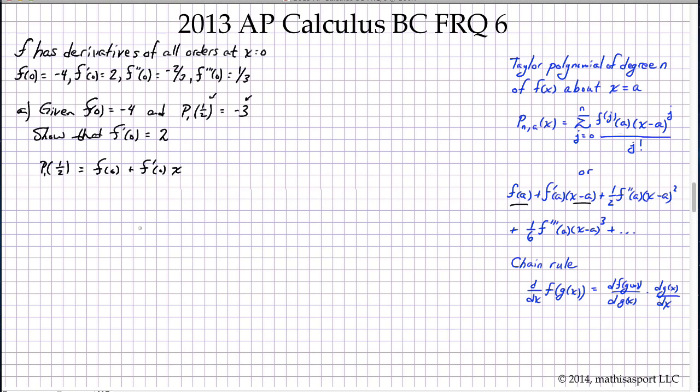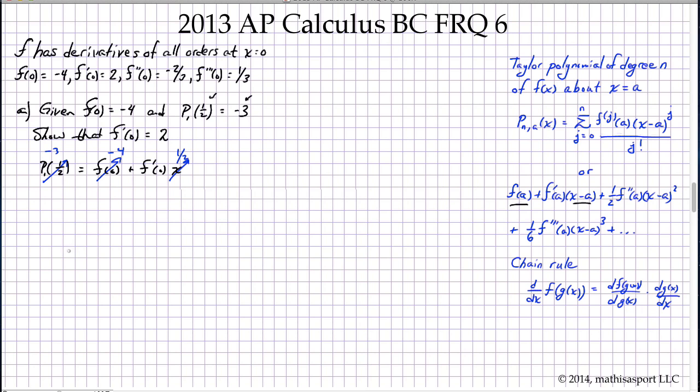But since a is 0, it's just multiplied by x. Okay, where x is 1/2. So we know that. We also know what f of 0 is. We know that it's -4. And we know that P1 of 1/2 is given as -3.